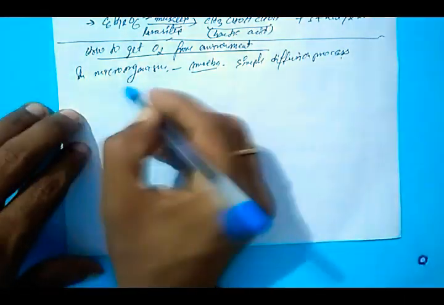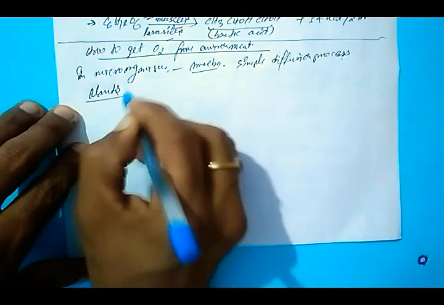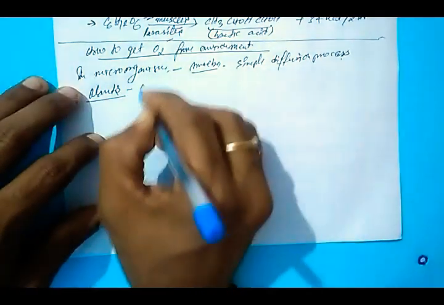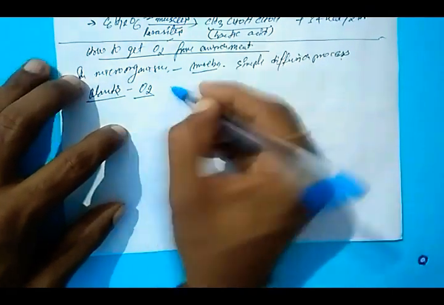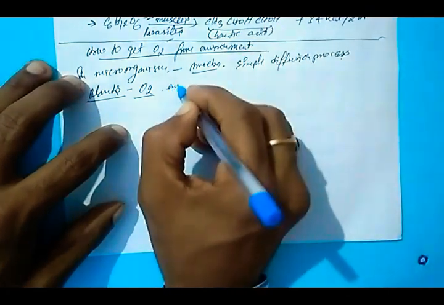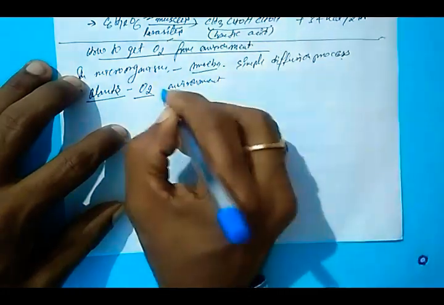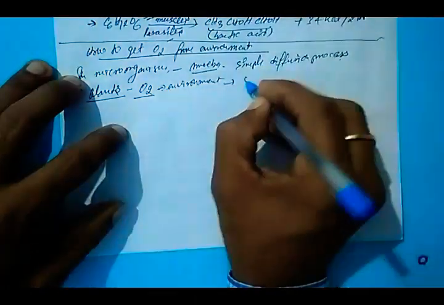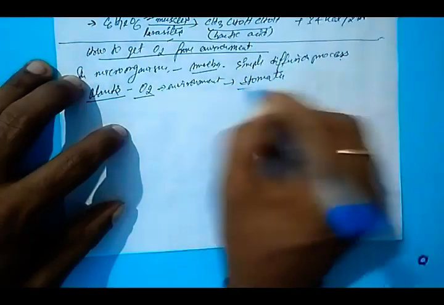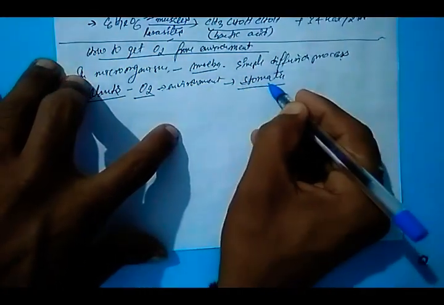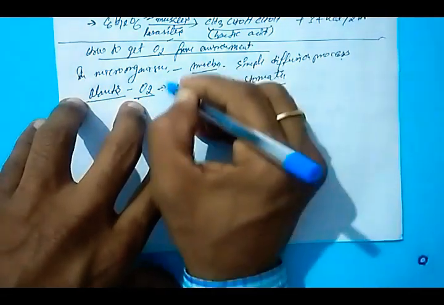And plants absorb oxygen from the environment with the help of stomata. Simply through the stomatal pore they absorb oxygen for respiration from the environment.